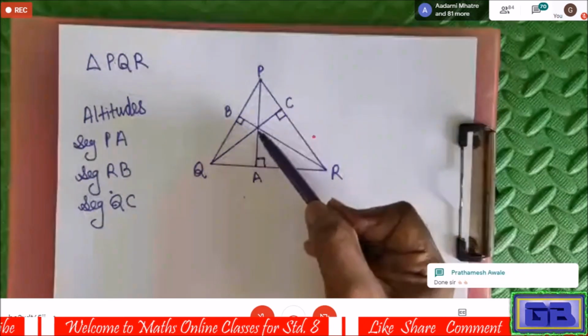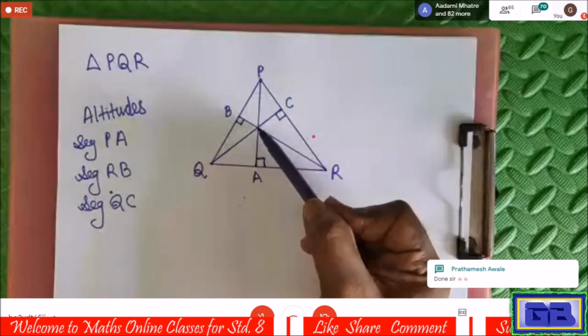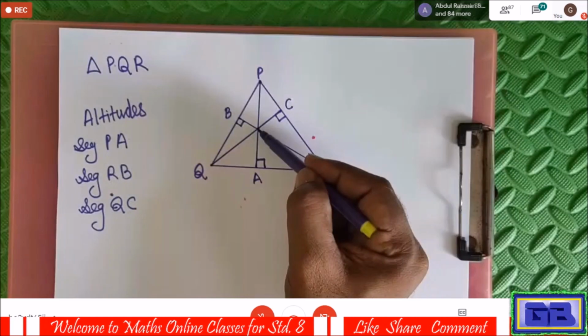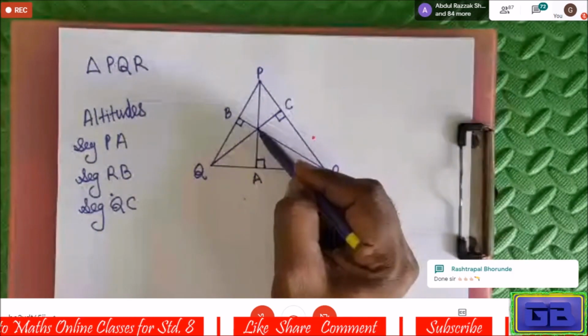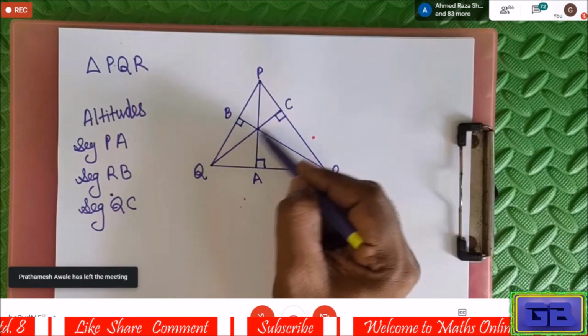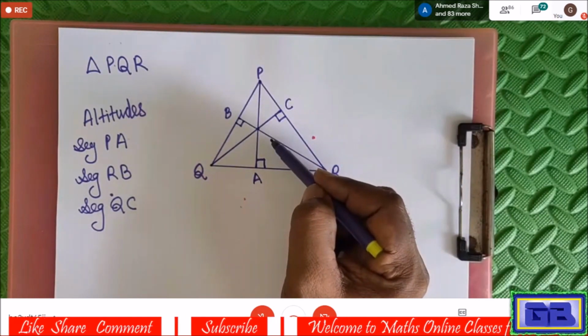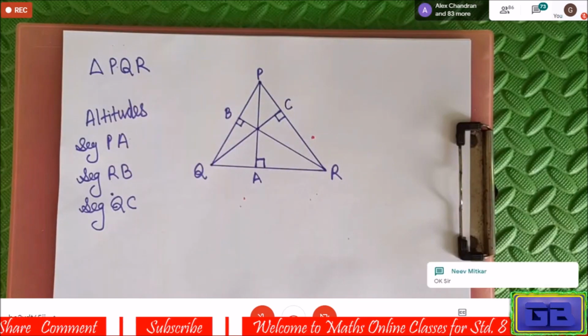They are passing through only one point. All three altitudes must pass through a single point. These segments are called concurrent segments.